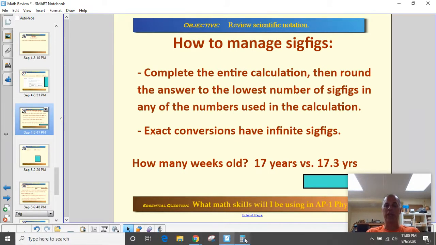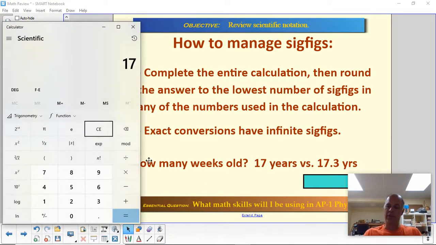Now, what answer do we get when we use that number? So 17.3 years old times 365 days per year divided by 7 days per week. Now, 902.0714285 weeks old. How much can we round this off to? In this case, pause it if you need to think a little bit more.